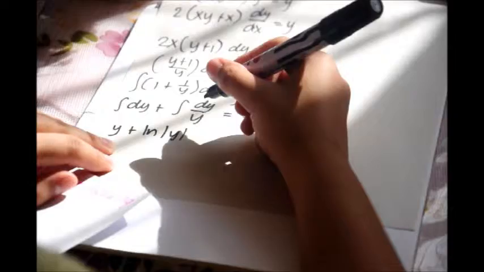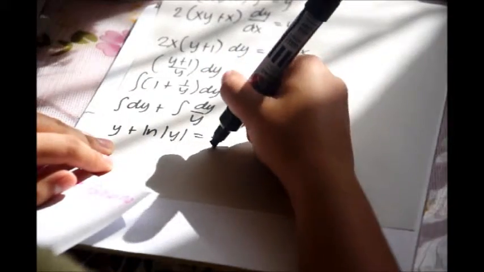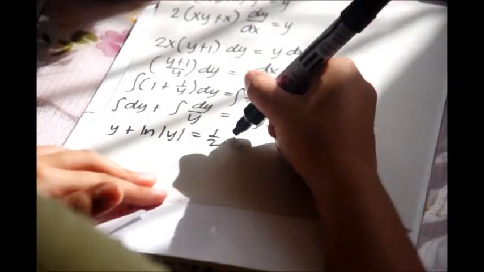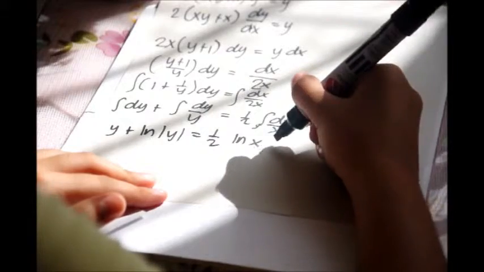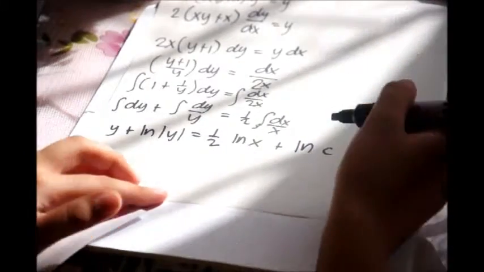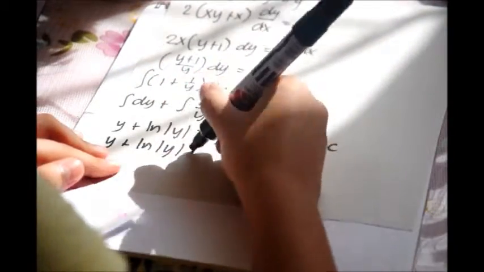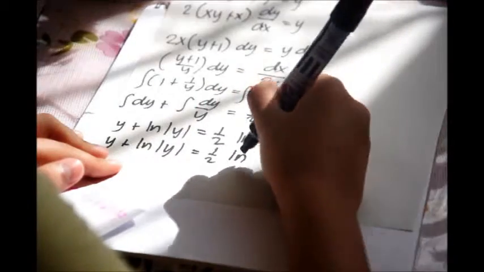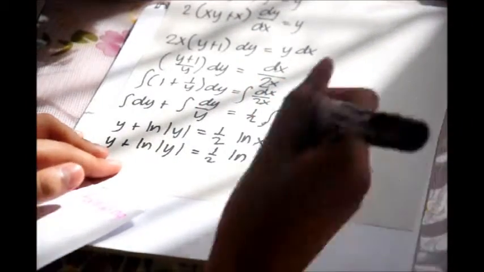So it becomes y plus ln of y is equal to 1/2 ln of x plus c, or ln of c. So using the properties, it becomes y plus ln y equal to 1/2 ln xc.